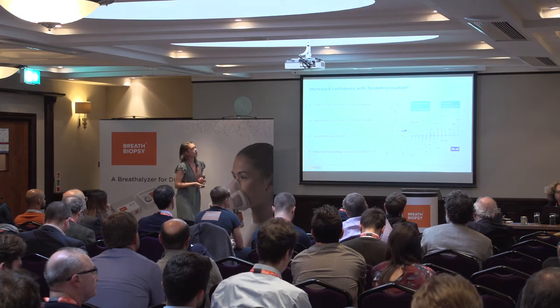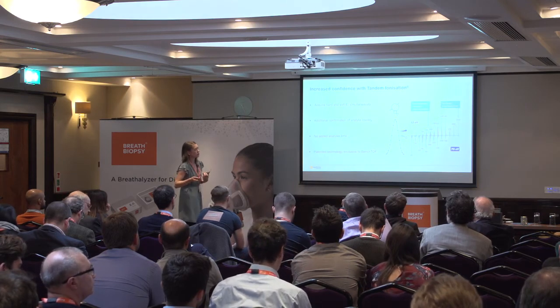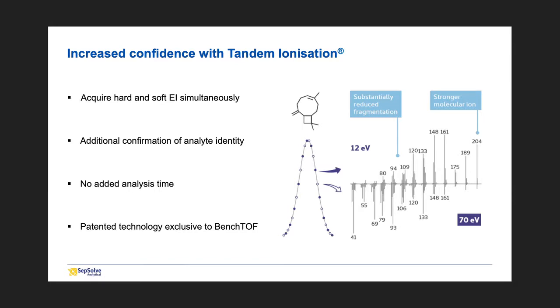Another technique that we've introduced to add confidence is to acquire tandem ionization. So traditionally, in GC-MS, you would acquire 70 eV electron ionization. But what we do with our benchtop instrument is to acquire both 70 eV and softer ionization energies in the same run.